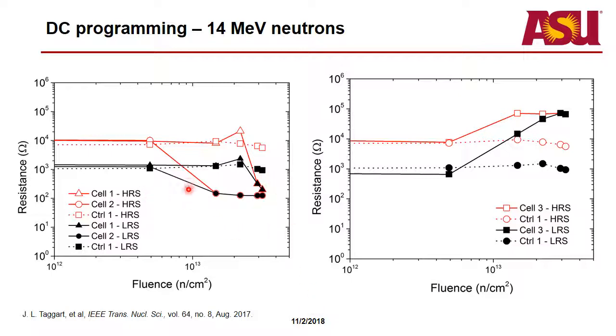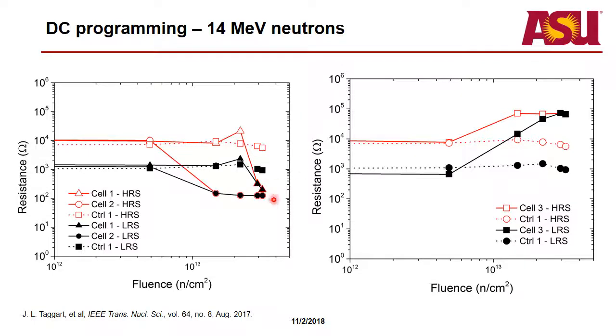But even for the neutron test, we do see these abrupt failures in the programming window, just like we did with the ion test. So even though the data for the ion test more correlates to TID effects, we're seeing these same effects with neutrons as well. So this essentially suggests that while TID may be the main culprit for those effects in a combined environment, displacement damage is just as capable of creating these effects as well.